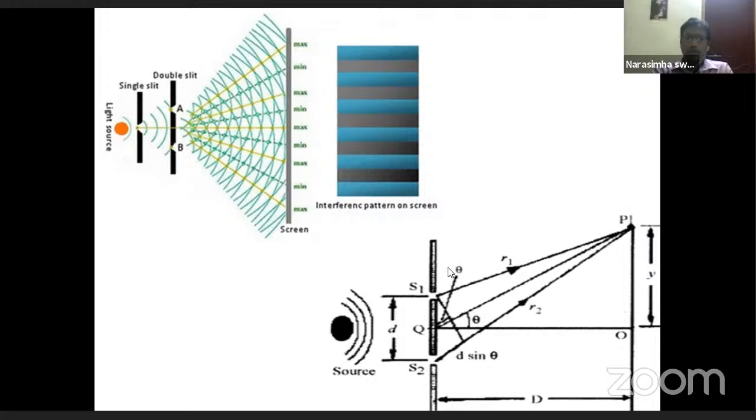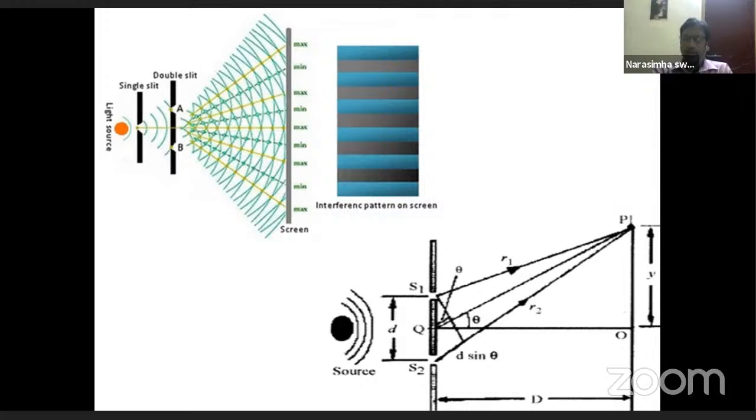The two waves intersect at that particular point P, which is at a distance y on the screen from O to P. The screen is kept at a distance capital D, the distance between the slits and the screen.